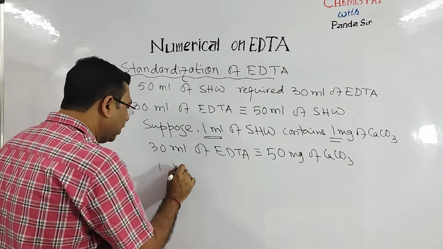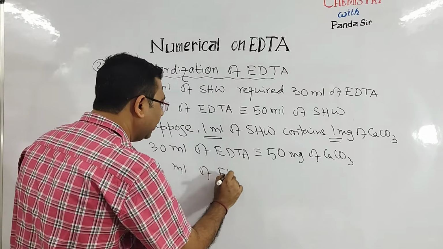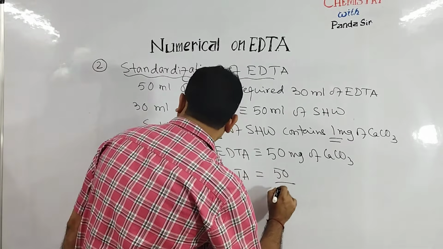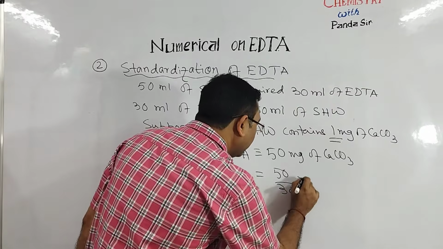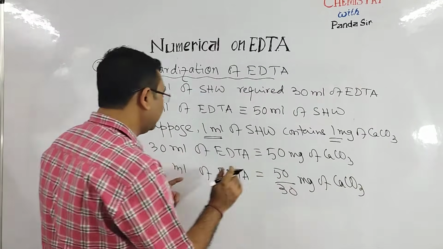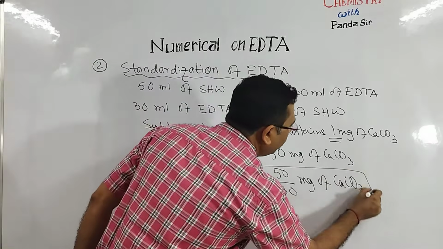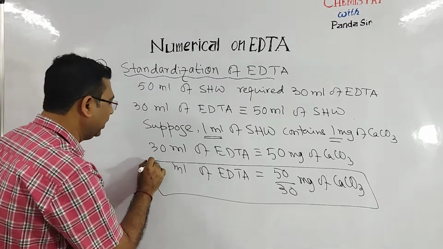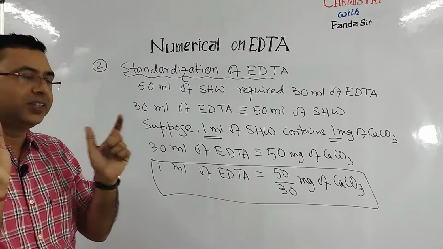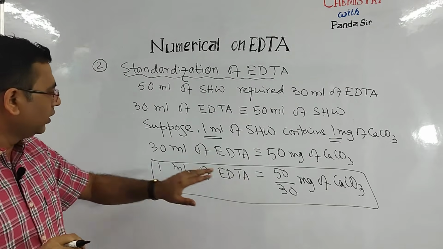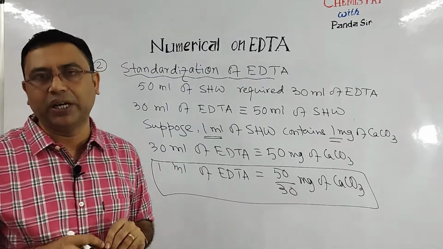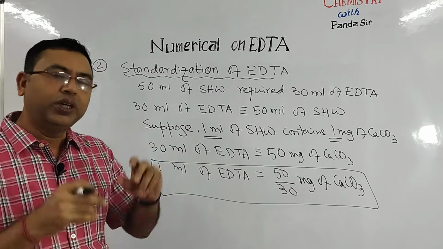So 1 ml of EDTA equals 50 by 30 milligram of CaCO3. This is exactly what we want. As simple as that. The standardization of EDTA is done the moment we understand that 1 ml of EDTA equals how many milligrams of calcium carbonate. So we are done with step 2.